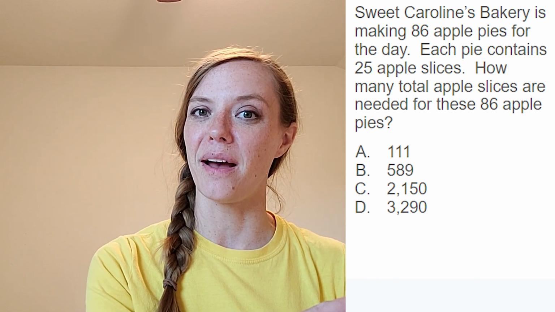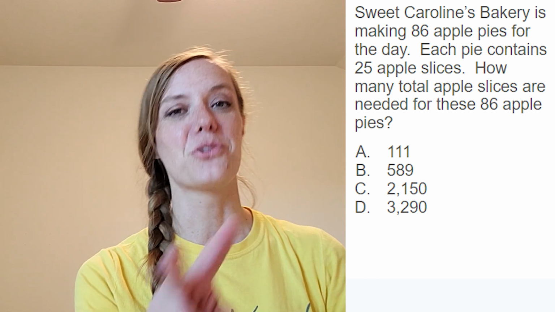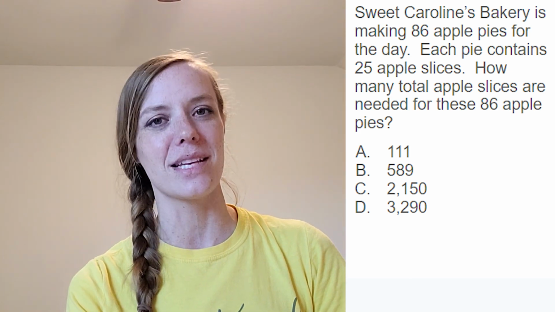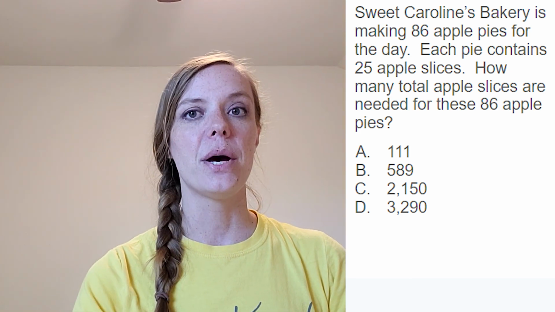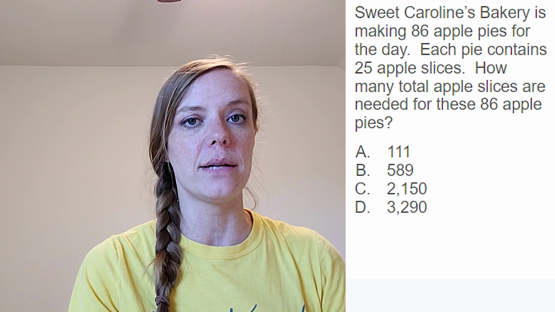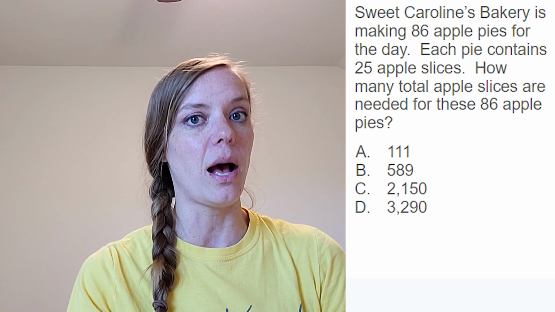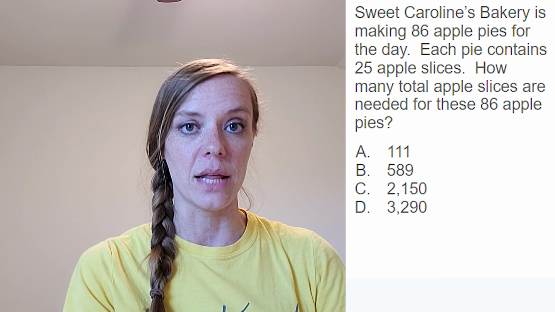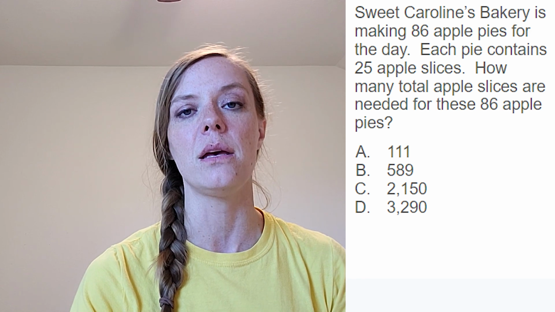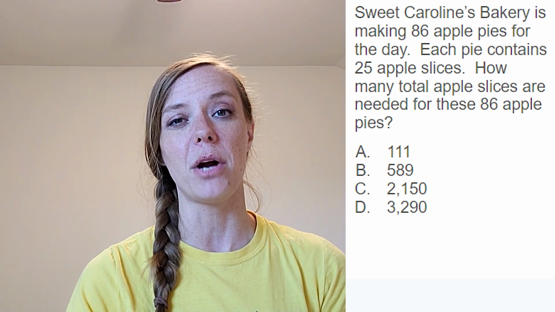What about the second pie? 25 apple slices. I wouldn't want to keep going for all 86. That would take a really long time. But just as I'm reading that, I noticed that it's probably going to be a lot of apple slices used at this bakery. It sounds like a lot. So that's going to help me as I solve the problem.